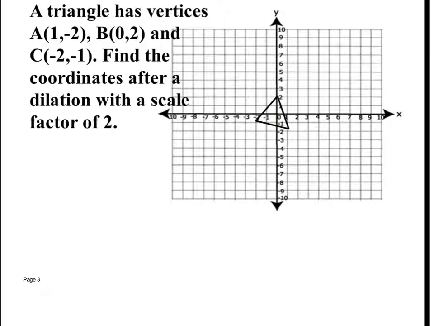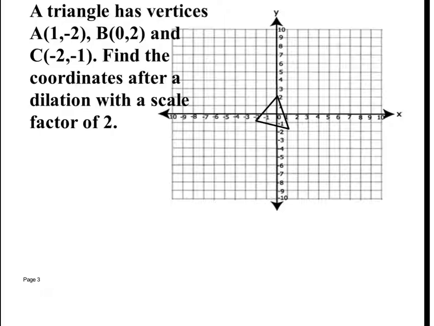Sometimes they'll draw that graph already for you, but I want you to draw both of them. One, so you can compare and see, did I do it right? The other reason is it gives you something to start out with, so you have a base of what the image is going to look like.